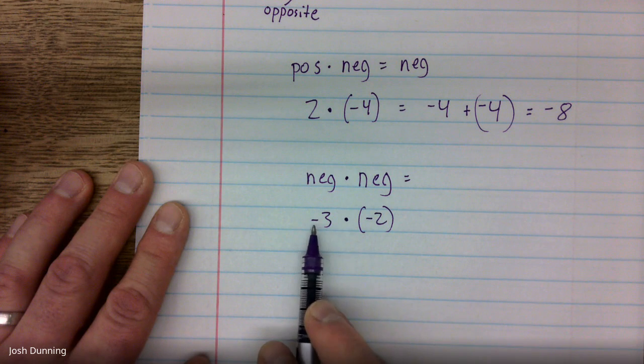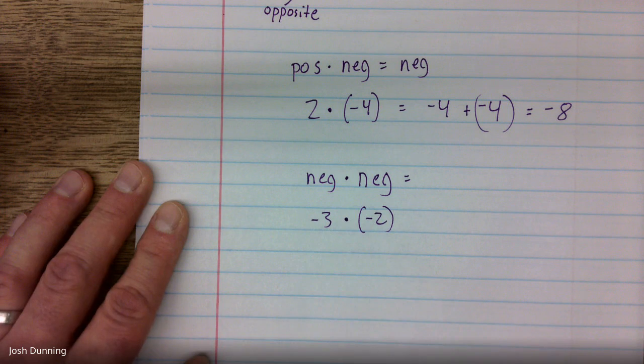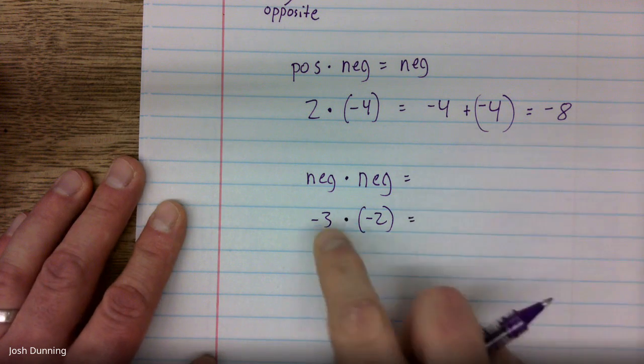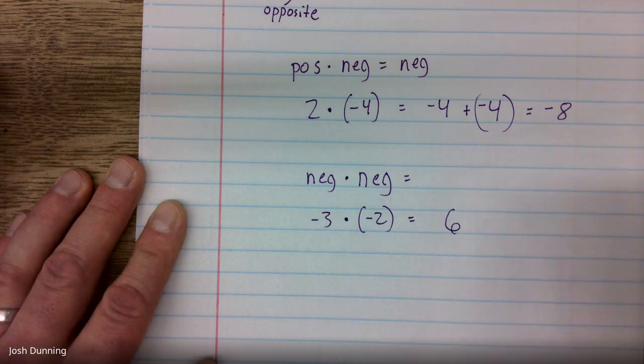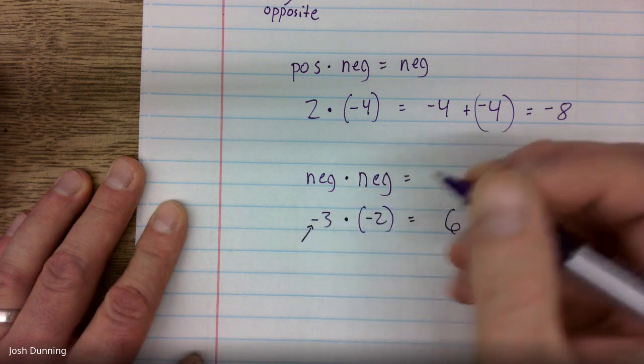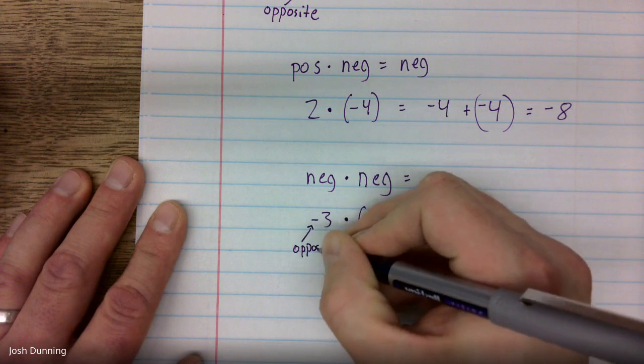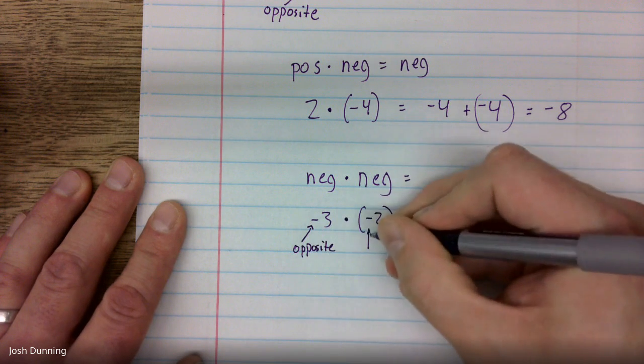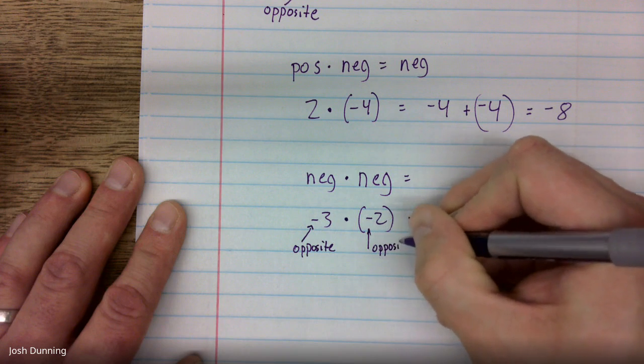So we've already said negatives mean opposite. So let's just do 3 times 2 for a minute here. We get 6. Now we have opposite and another opposite.